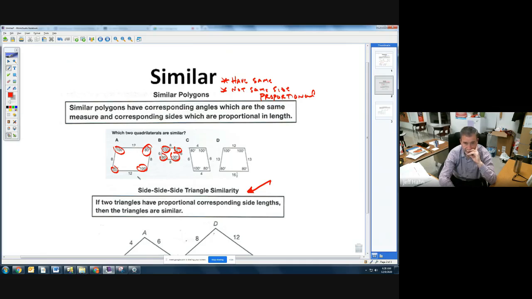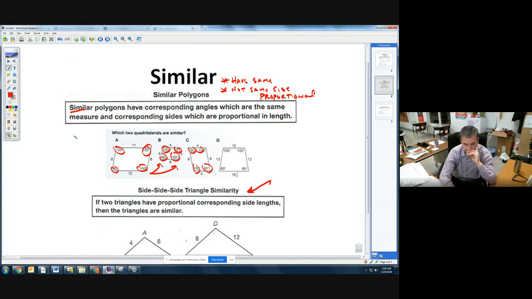If two shapes have the same angles, they will be similar. Same thing for this. This has two 80s and two 100s. All three of these shapes are similar because of that angle thing, I guess it might be on the next page. We'll get to that.